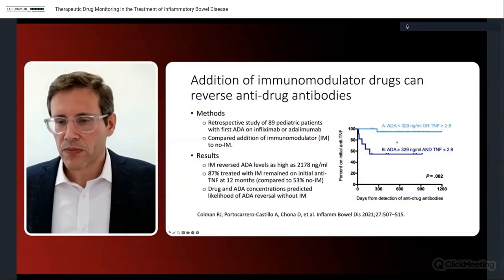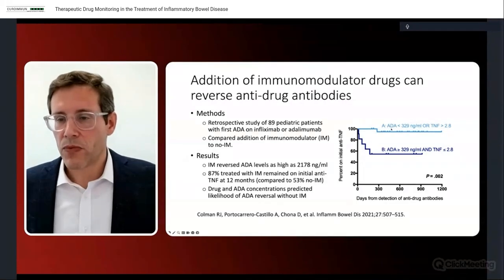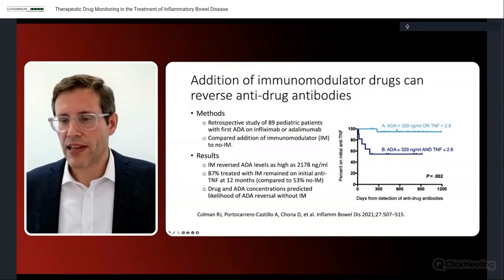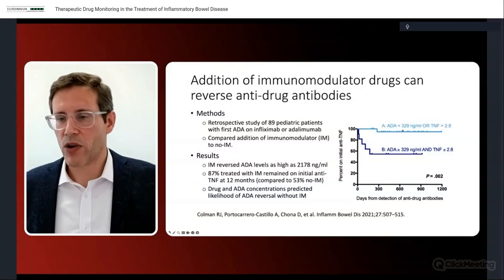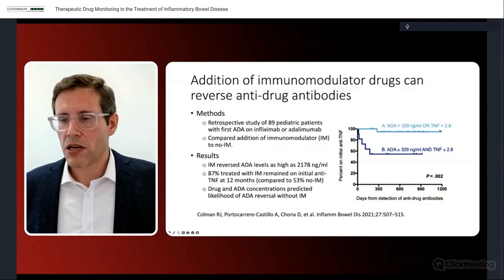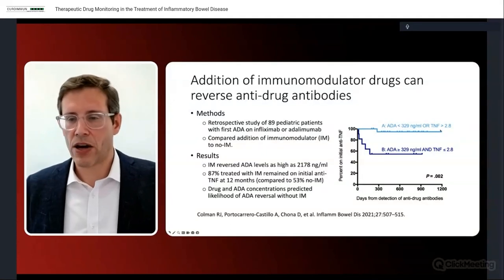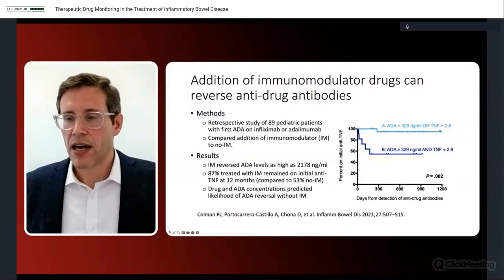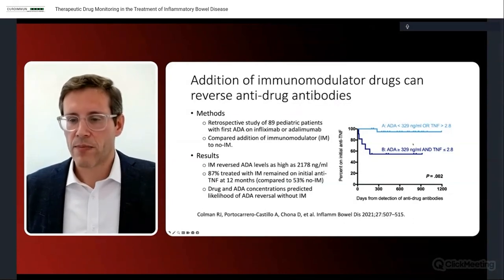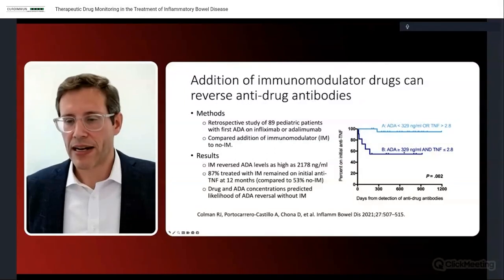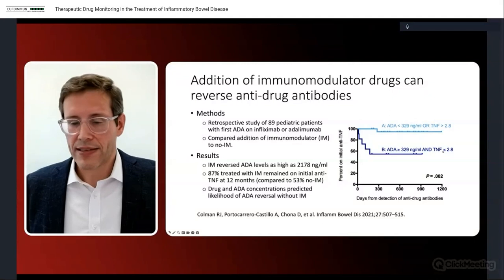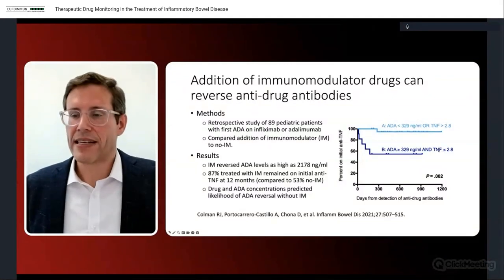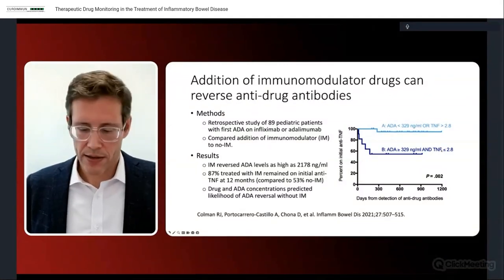And you see that those patients with an anti-drug antibody level less than 329 nanograms per ml or a TNF level greater than 2.8 were much likelier to remain on the initial anti-TNF drug with just dose escalation alone, no addition of an immune modulator, compared to those with anti-drug antibody levels greater than 329 or anti-TNF levels less than 2.8.